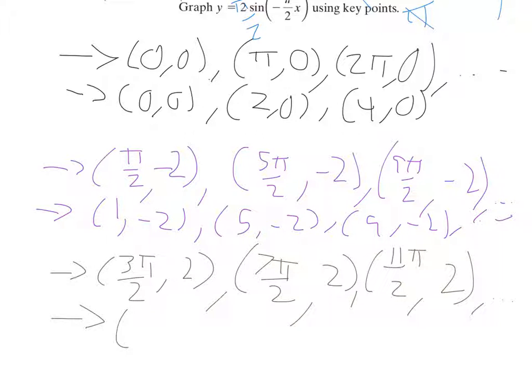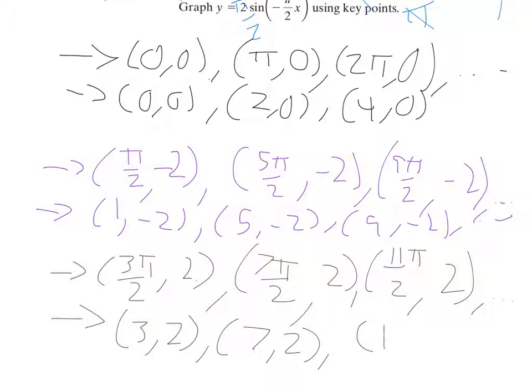So now, in order to account for the period, you have to multiply it by 2 over pi. So now it'd be at the point 3, 2. At the point, instead of 7 pi over 2, multiply by 2 over pi, and you get 7 over 2.